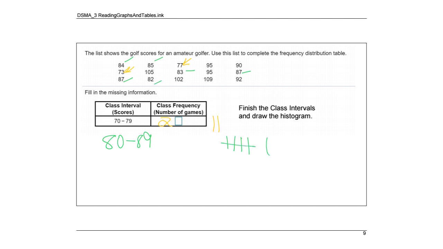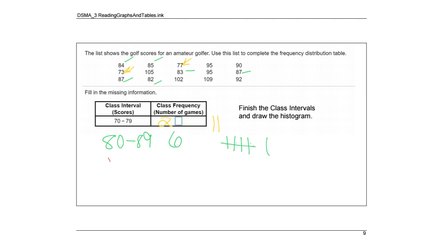Now notice when I got to 5, I crossed through. So this is called tallying. Every time I saw an 80, I just added another tick mark. When I get to 5, I cross through it so that I can easily count up the 5s. I could do 5, 10, 15 if I had a ton of these. So this tells me that I had 1, 2, 3, 4, 5, 6. 6 is the frequency for 80 to 89.